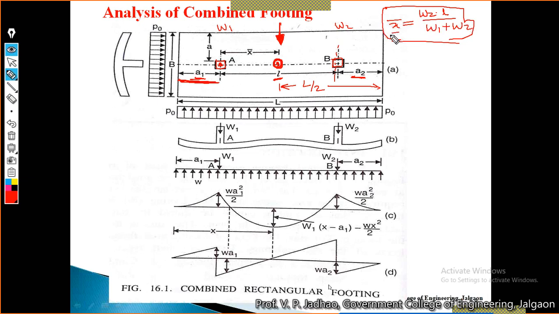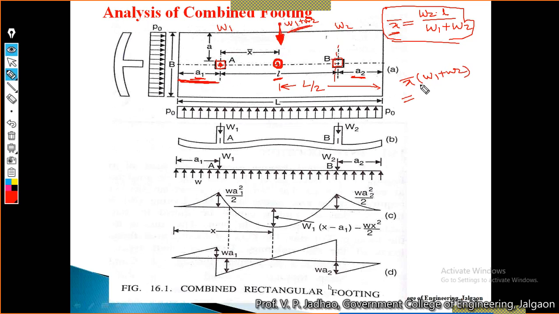How is this X bar derived? We have taken moment about column A. If we take moment about column A, we get X bar multiplied by W1 plus W2, which is the moment of W1 plus W2 acting at the centroid of this footing.